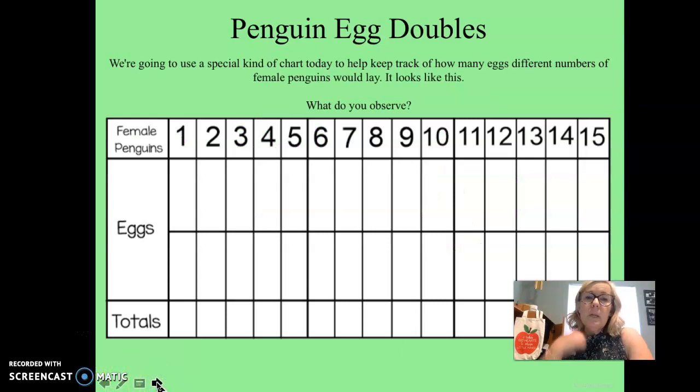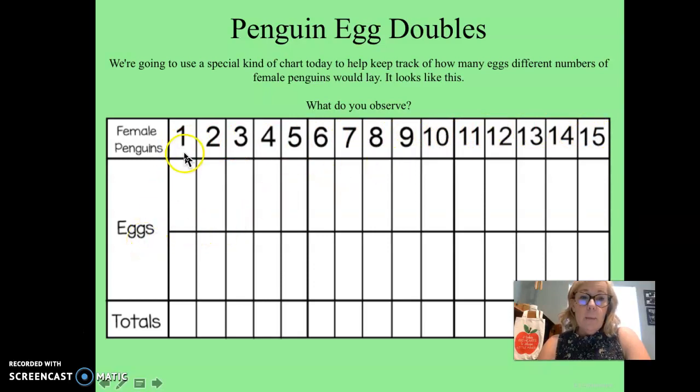We're going to use a special kind of chart today to help keep track of how many eggs different numbers of female penguins would lay. It looks like this. What do you observe? We have the number of female penguins, 1 all the way to 15.